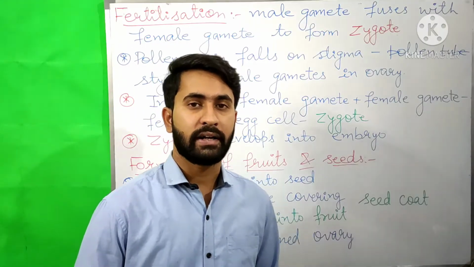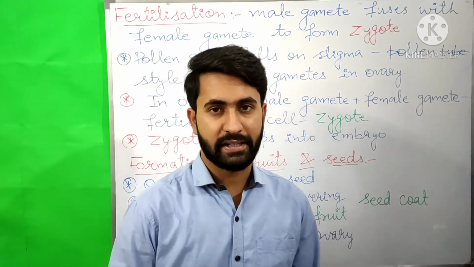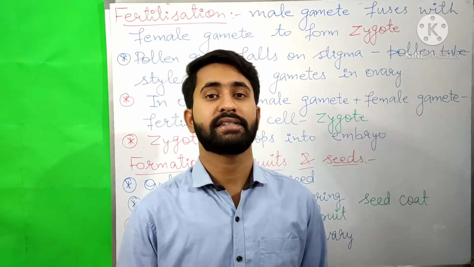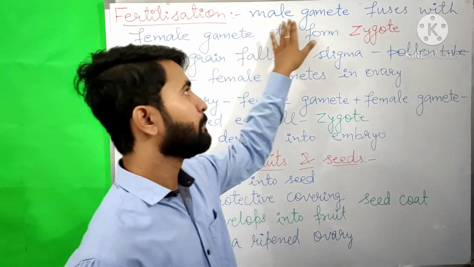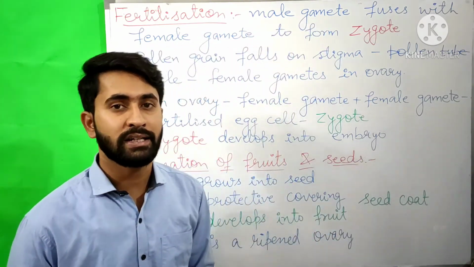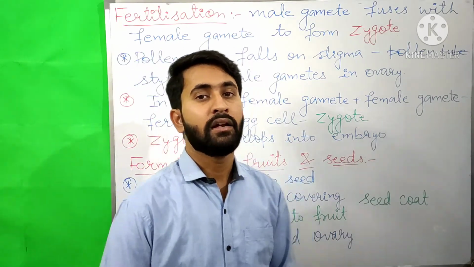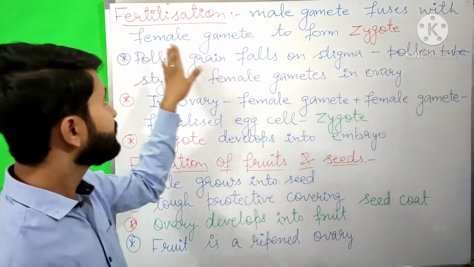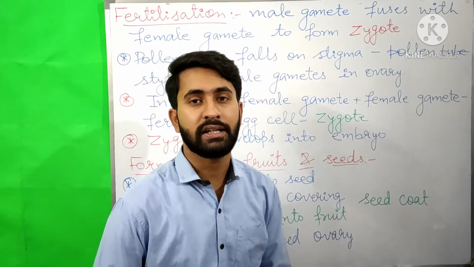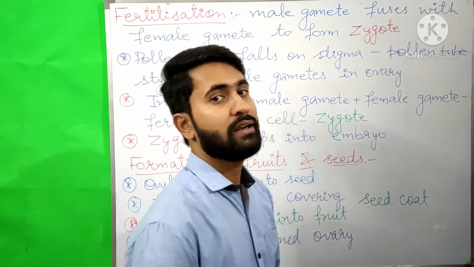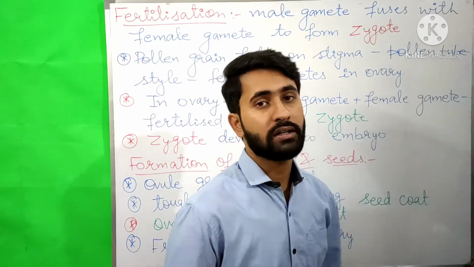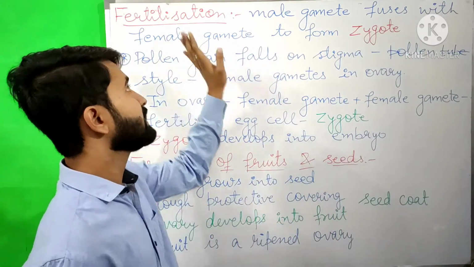After a pollen grain falls on the stigma, the next step is fertilization, the process in which the male gamete that is present in the pollen grain fuses with the female gamete that is present in the ovule to form a new cell that is called zygote.